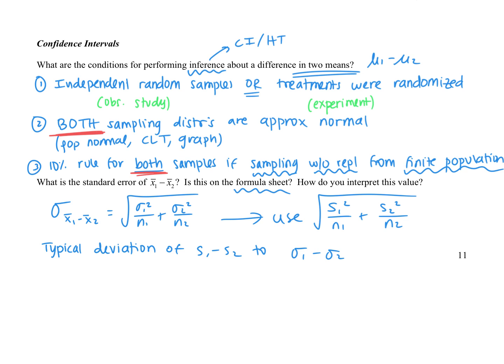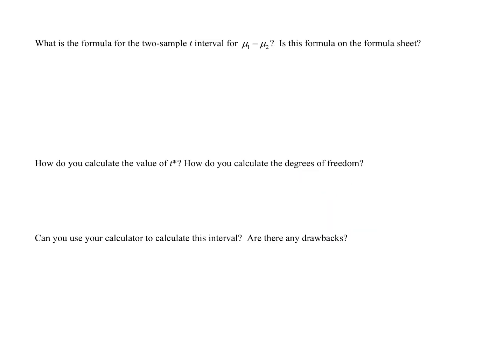We've got a few more things to write down, and then we will do an example. Okay, we're still talking about confidence intervals. So what is the formula? On your formula sheet, it says statistic plus or minus critical value multiplied by the standard deviation of the statistic.